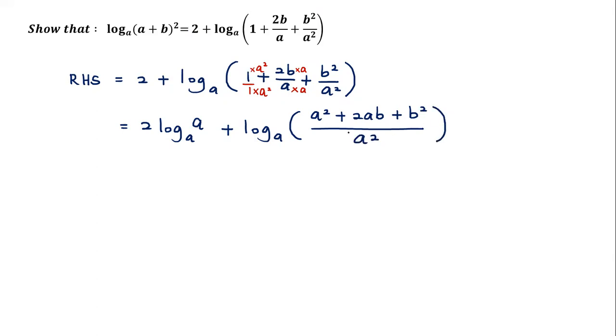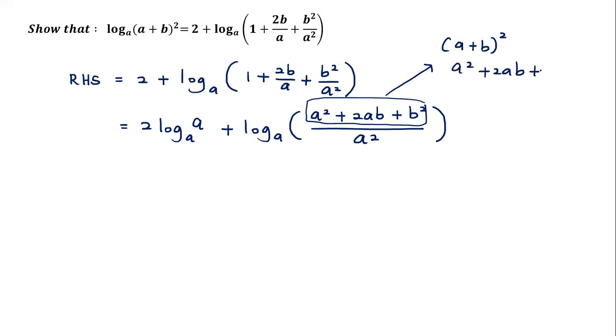Hope that you understand. We've made them a single fraction. This particular part came from the expansion of a plus b square. If you expand it, you will get a square plus 2ab plus b square.